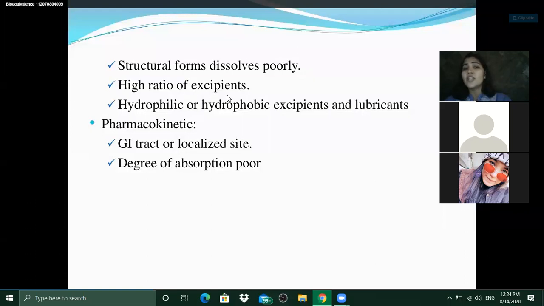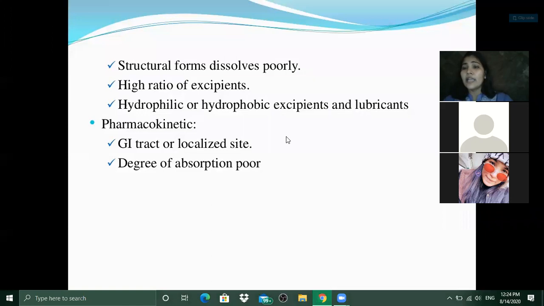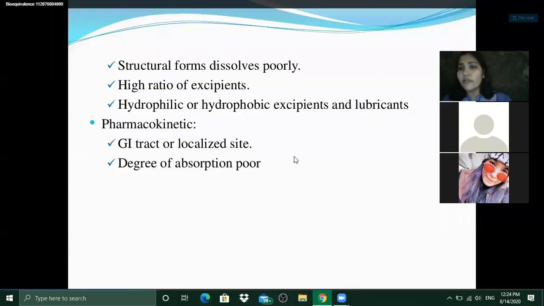Then you have a high ratio of excipients, hydrophilic and hydrophobic excipients, and lubricants, and all these reasons affect the bioavailability of the drug. Then you will have to develop criteria to conduct a bioequivalence study by changing the dosage form, come up with a protocol again, and conduct those bioavailability and bioequivalence studies, which will give you good results.